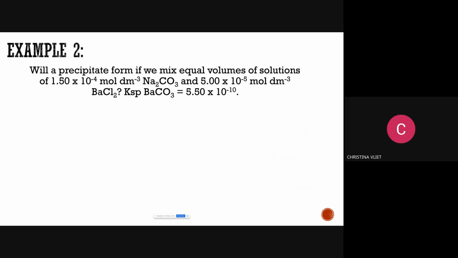All right, will a precipitate form if we mix equal volumes of solutions of Na2CO3 and BaCl2? So what are we looking to try to do here? What's the first step? Write the equation out. Last time it kind of led you to what you needed to do.